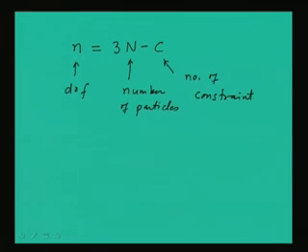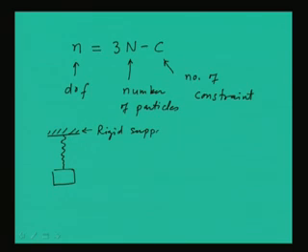First let us take one example of a very simple case. A mass is attached to a spring, and the spring is attached to a rigid support. This is the rigid support, this is the spring, and this is a mass.